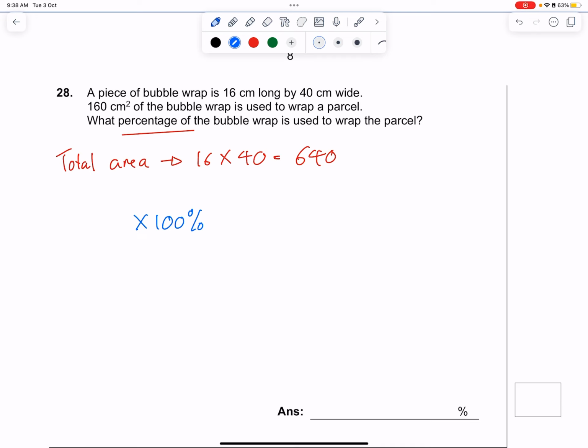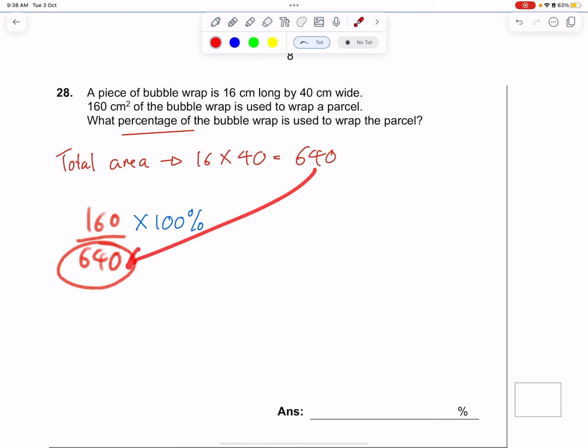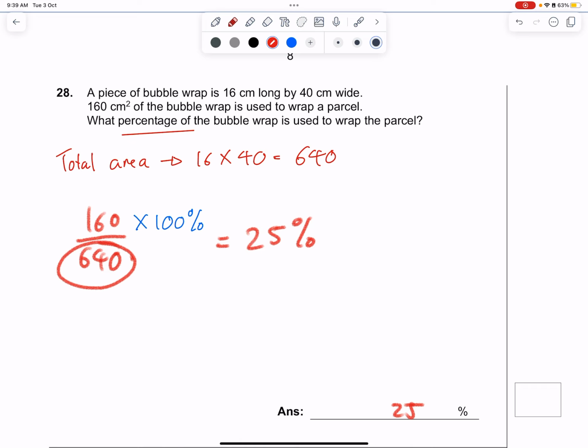So the real number in this case would be 160 over 640. 640 is the total that you've taken from here, and 160 is the real number. When you work it out, your answer will be 25%.